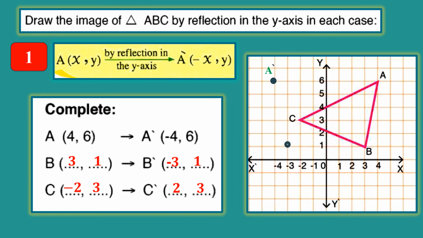It becomes B dash. And also C dash, 2 on the x-axis and rise up to number 3, it becomes C dash. Connect all these points. This is our image, A dash, B dash, and C dash.